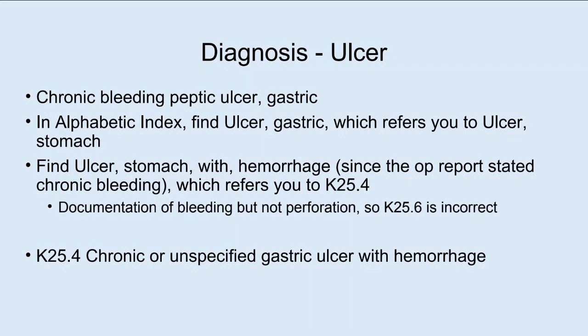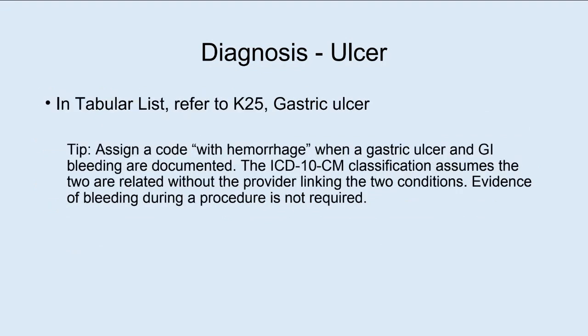Remember, as always, we do not select a code based on the entry in the alphabetic index. There are important notes and tips you will miss if you don't go to the tabular list. So let's look at the tabular list. And here, yes, we do see a number of notes and tips. There's a tip here that says assign a code with hemorrhage when a gastric ulcer and GI bleeding are documented. So bleeding is coded as hemorrhage.